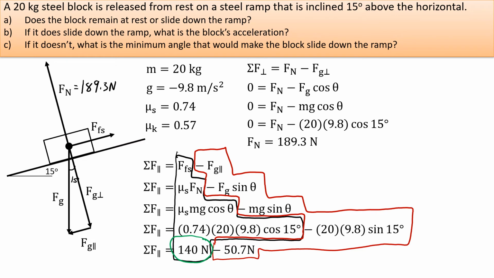In reality, these are just in equilibrium, and the frictional force is equal to 50.7 newtons, because that is exactly balancing out the parallel component of the weight, which we calculated is 50.7 newtons, right? So this can increase up until 140 newtons.